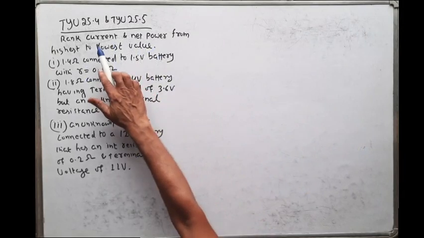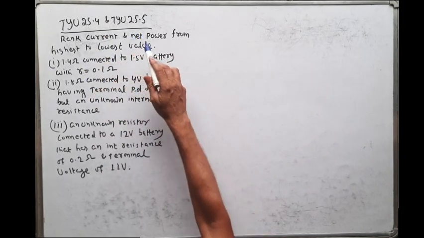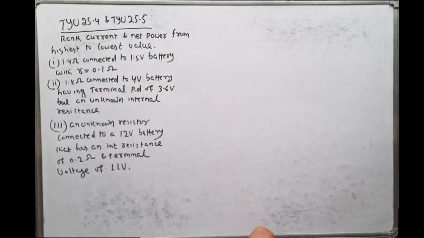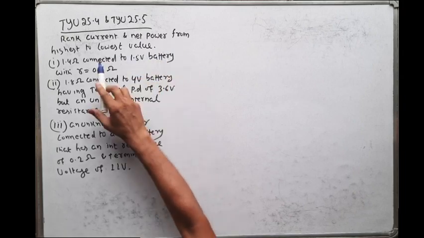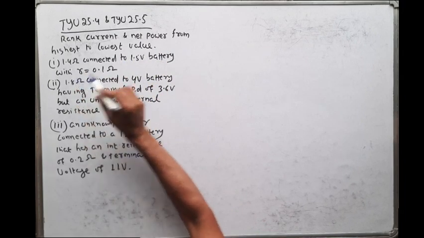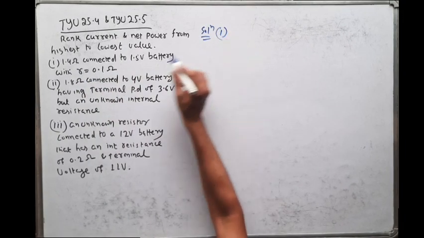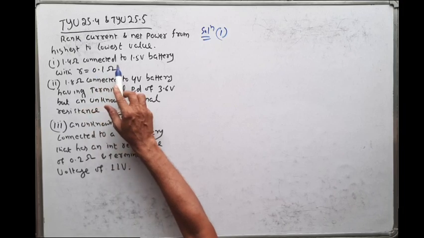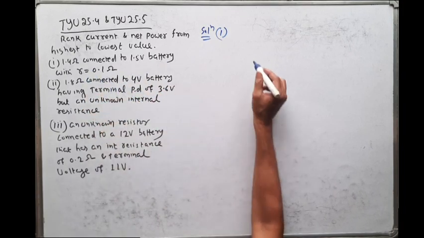Now, tester understanding 25.4 and 25.5. Two tester understanding questions I am doing simultaneously. You have to rank the current and net power from highest to lowest value for the three cases. Here you see the first one, a 1.4 ohm resistor is connected to a 1.5 volt battery with internal resistance 0.1 ohm.